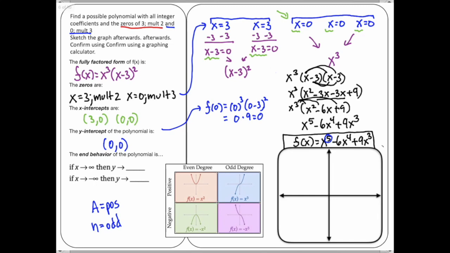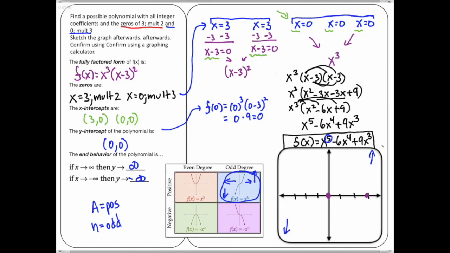And so I have a positive and odd, which is going to look like this. And so I go ahead and say, as x gets really big in the positive direction, y gets really big in the positive direction. And as x gets really big in the negative direction, y gets really negative in that direction. Okay, so that said, let's go ahead and graph it out using the intercepts and the end behavior.